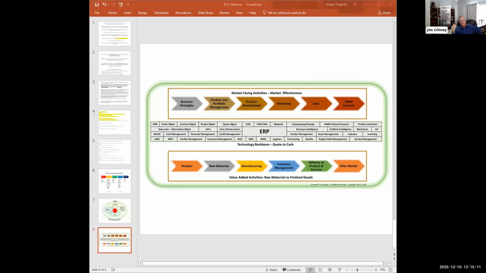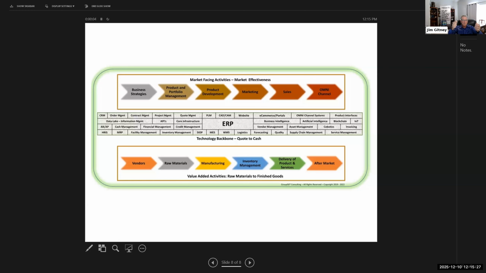If you look at that graphic, our view of a company is that there's basically three horizontal business processes: market-facing activities, the technology backbone, and the supply chain. And every business has a supply chain. You take an input, you add value to it, and you deliver a service or a product to a customer.